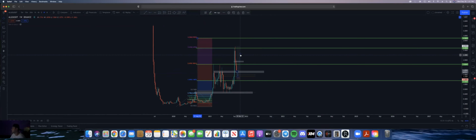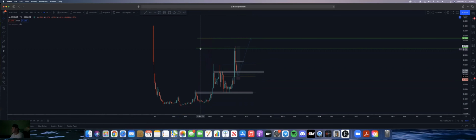And then we've also hit the third target. So potentially on this next move, we could be looking for target 4 to be breached, making this push all the way up to here at some point in time. So there's a fib extension for you from previous market structure.